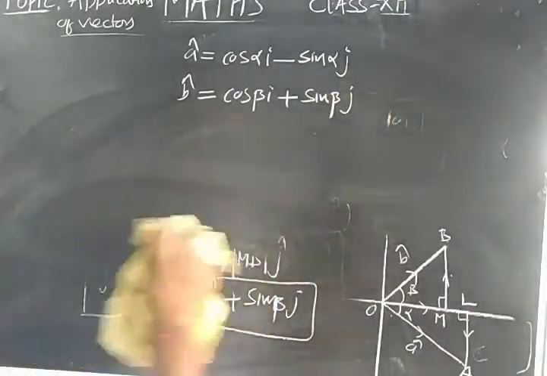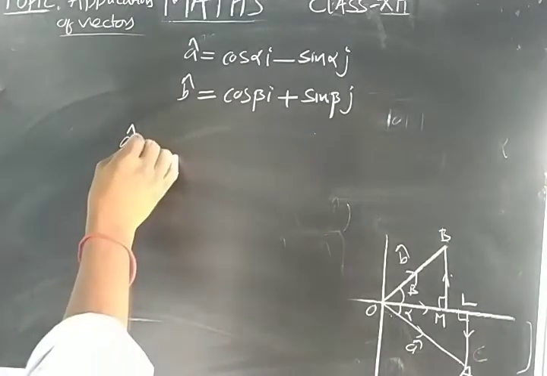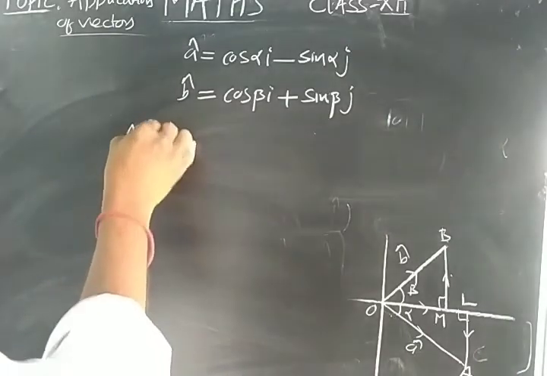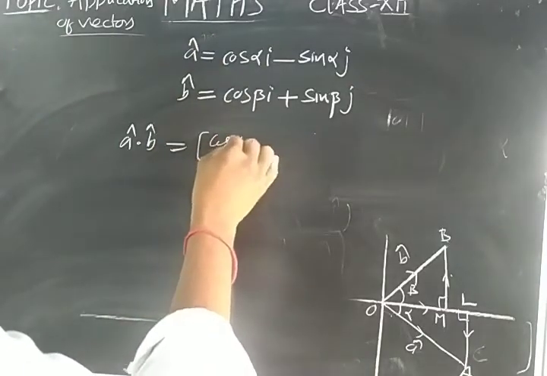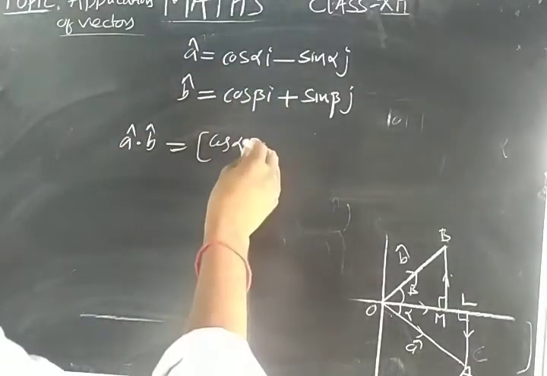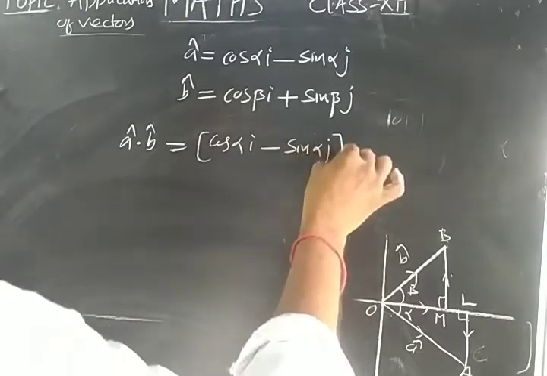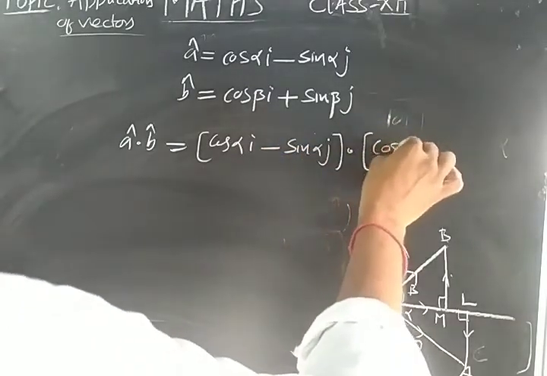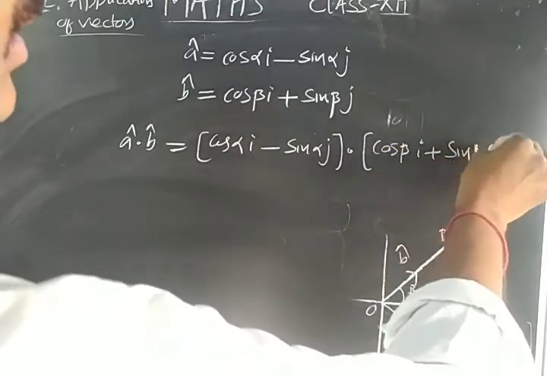We got these two vectors, A cap and B cap. Now I am finding A cap dot B cap. I am taking the dot product on both sides. Cos alpha I minus sin alpha j dot cos beta I plus sin beta j.